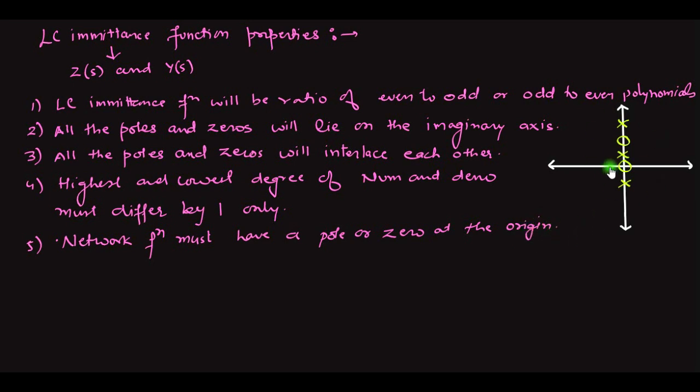As seen in this plot, I have a zero here, so it is compulsory that the network function must have either a zero or a pole at the origin. This is the origin of this S-plane, so there must be either a pole or a zero lying here.